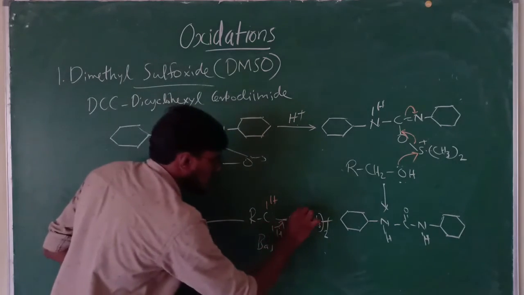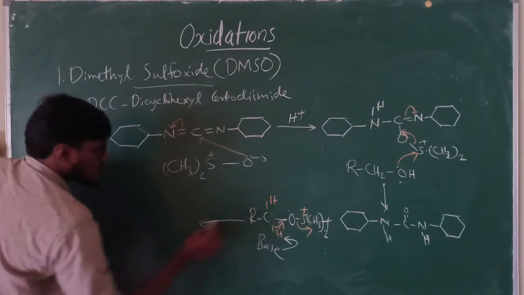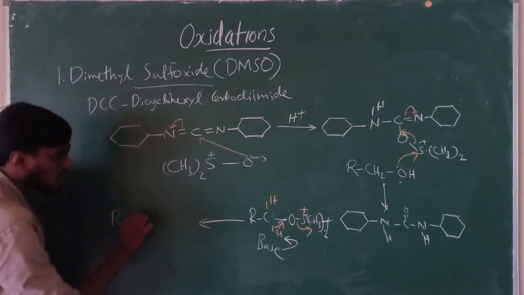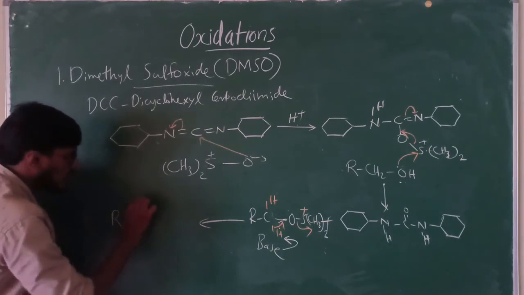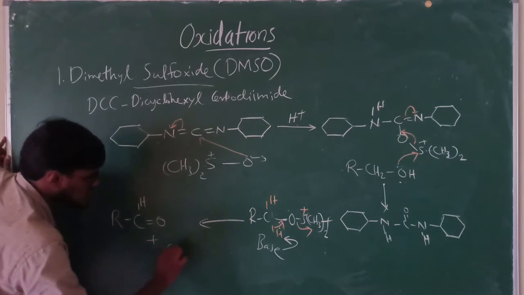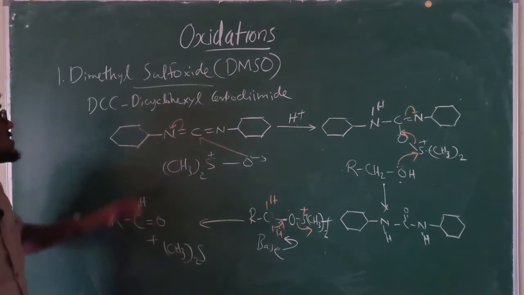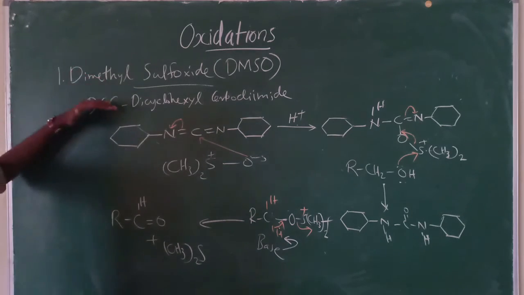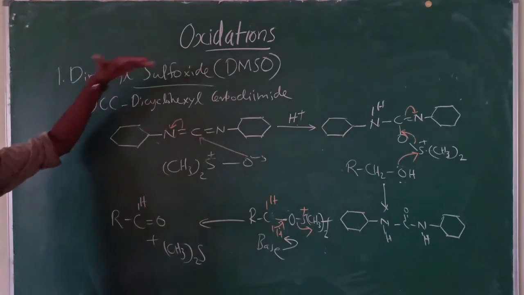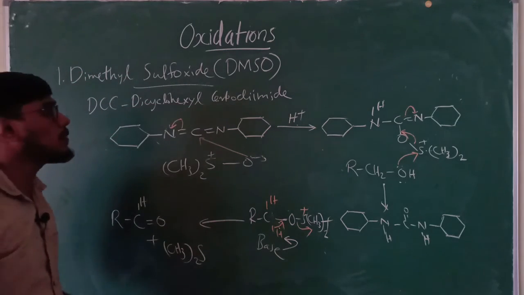Here is an S plus, then this bond cleaves and forms RCH double bond O plus CH3 twice S. This will be the mechanism of dimethyl sulfoxide oxidation using DCC, dicyclohexyl carbodiimide.